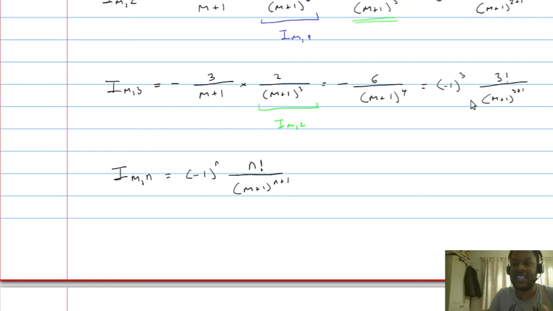And in fact, in general, k factorial times k plus 1 is just k plus 1 factorial, for a general number that we haven't used here at all. And of course, we're multiplying in another minus sign, so we're always going to have another power of minus 1 going in, and we're always multiplying another factor in the denominator of m plus 1, so we're always increasing the power by 1 as we go up.